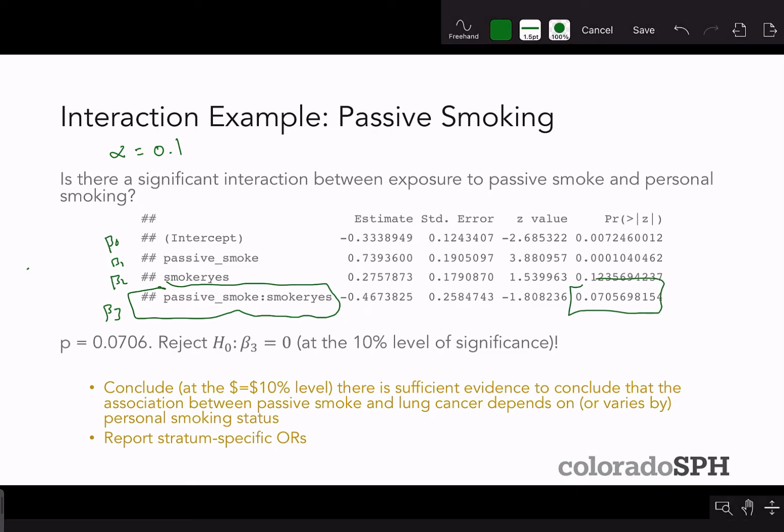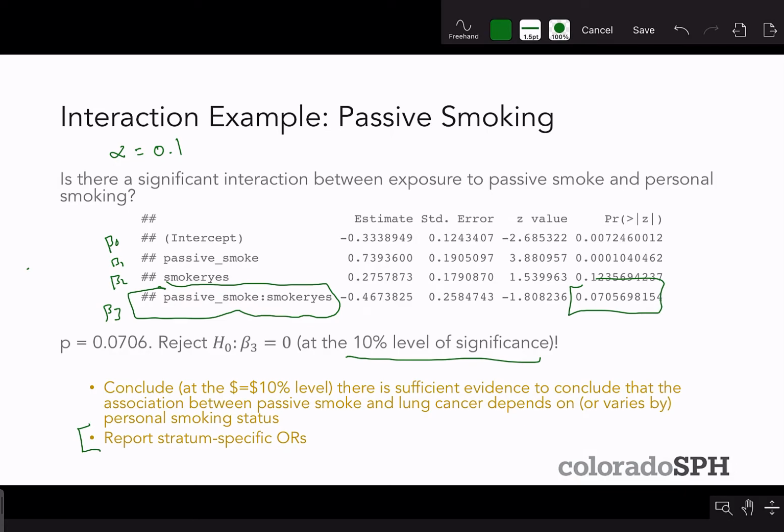So if we test at the 10% level of significance, we would reject the hypothesis that beta 3 equals 0 and conclude that there's sufficient evidence to conclude that the association between passive smoke and lung cancer depends on, or you could also say varies by, personal smoking status.